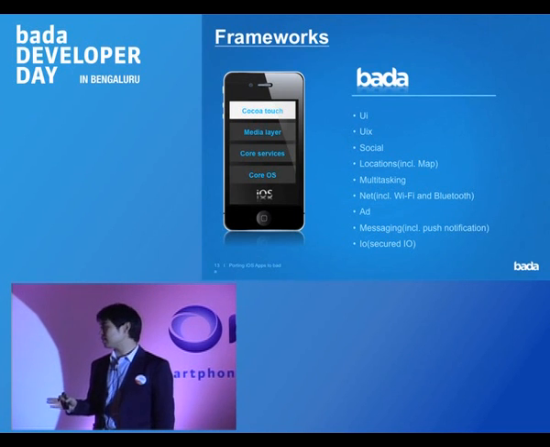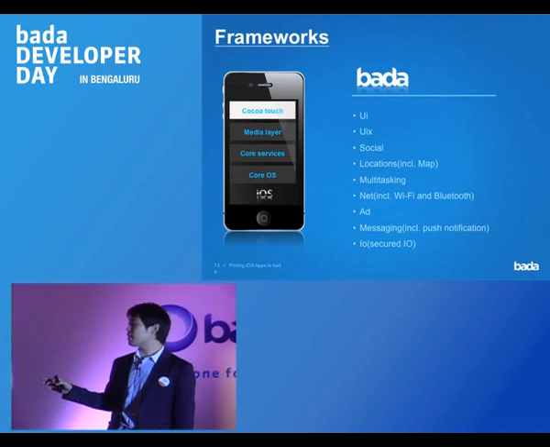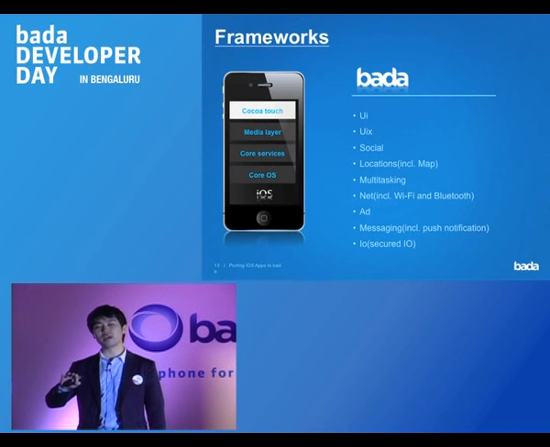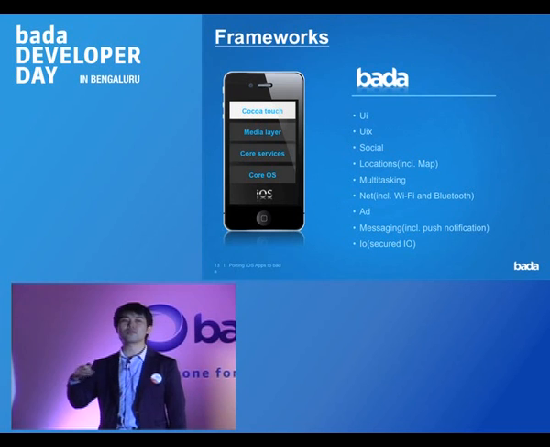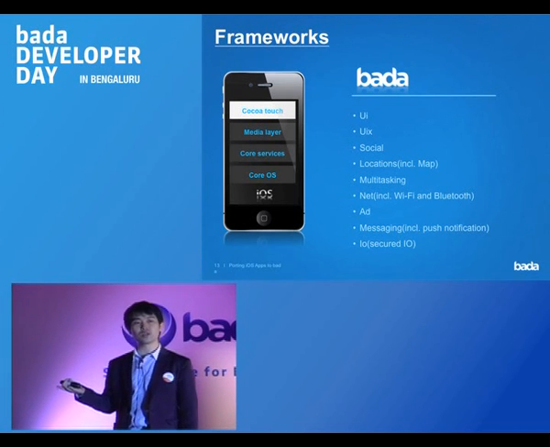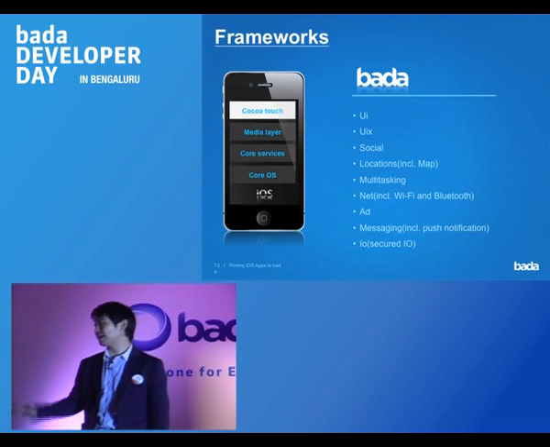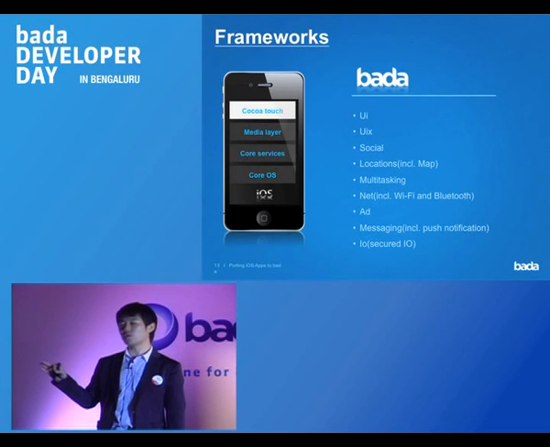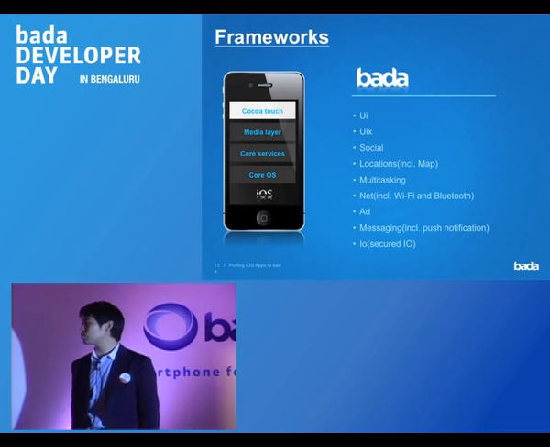And multitasking and the network, I mentioned Wi-Fi and Bluetooth. We give the API at an abstract level. I mean, usually just several lines to connect with Wi-Fi and Bluetooth to another device. And you can put in ads with our ad namespaces, as in the iOS Cocoa Touch layer.